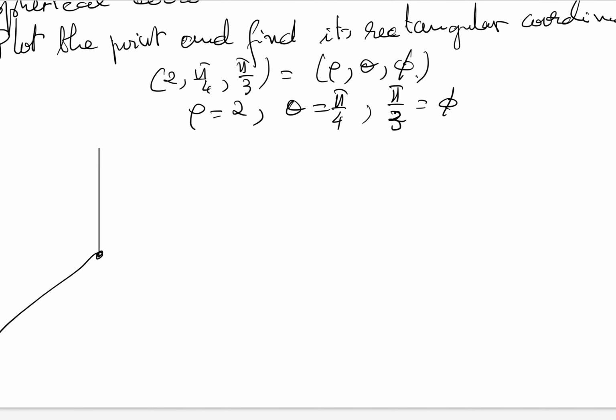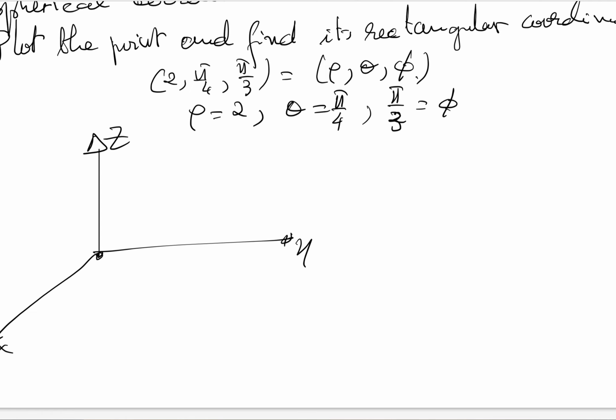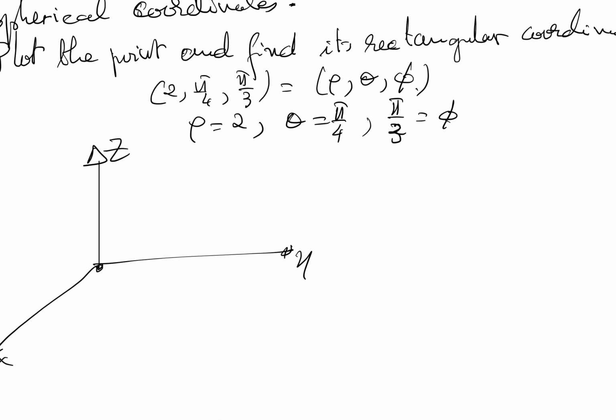The position is easy to draw. That's x, that's y, that's z. Just think, you have a circle here, and pi over 3 will be like this, the position of P.